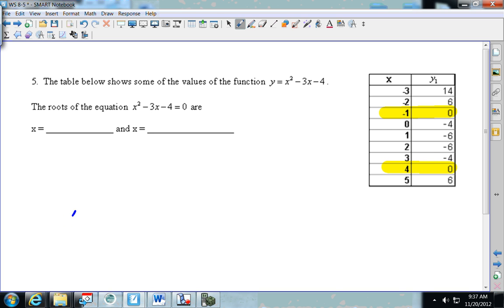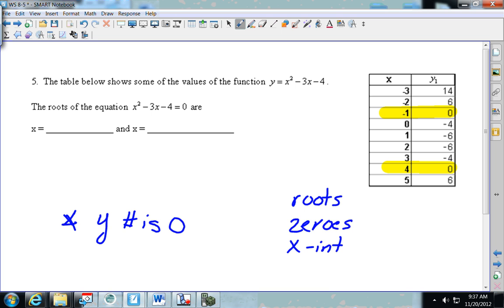Remember that this is where your y number is 0. Okay? Roots, what's another word for roots? Zeros, x-intercepts, and solutions. Anytime you ask for any of those, this is what it's looking for. So I have it at -1 and at 4.